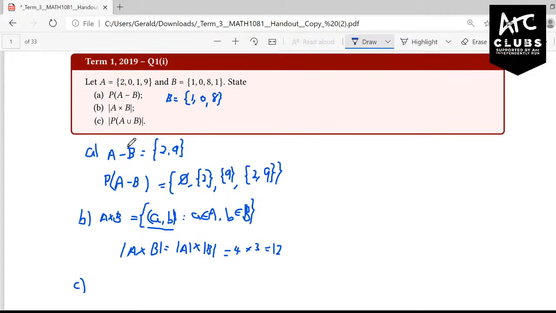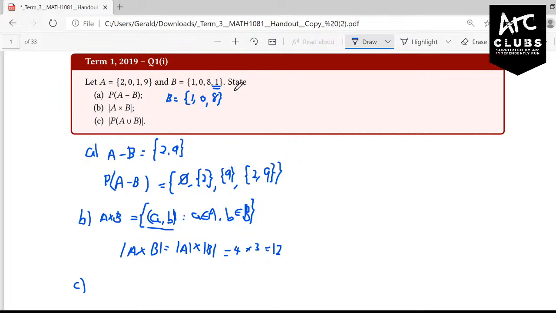you want to calculate the cardinality of the power set of A union B. Doesn't this mean we are double counting 1, 1? No. The only way we could double count 1, 1 is if we included the 1 in this set.